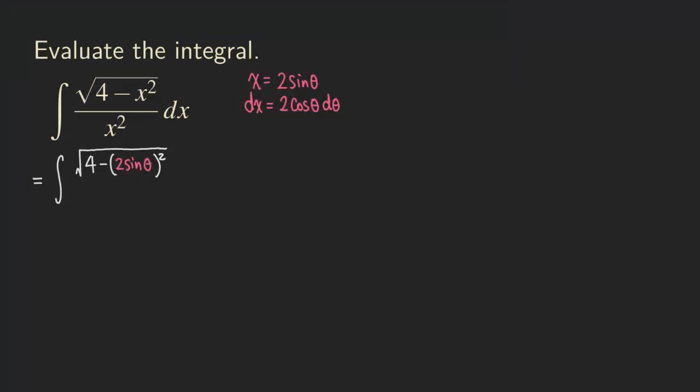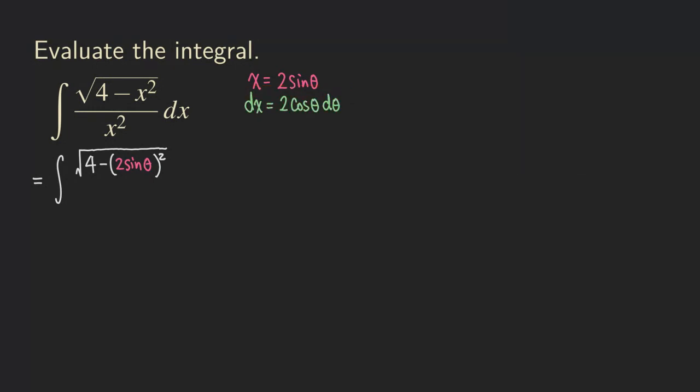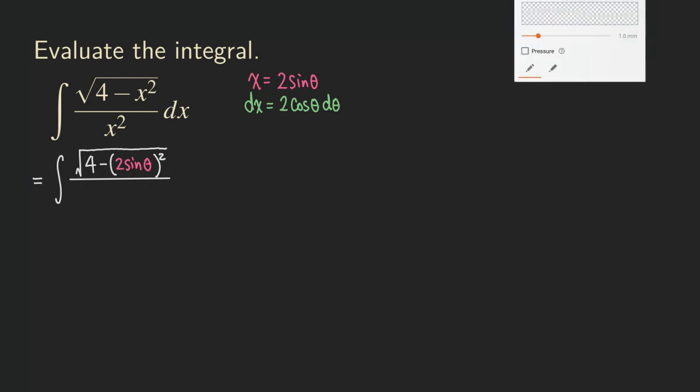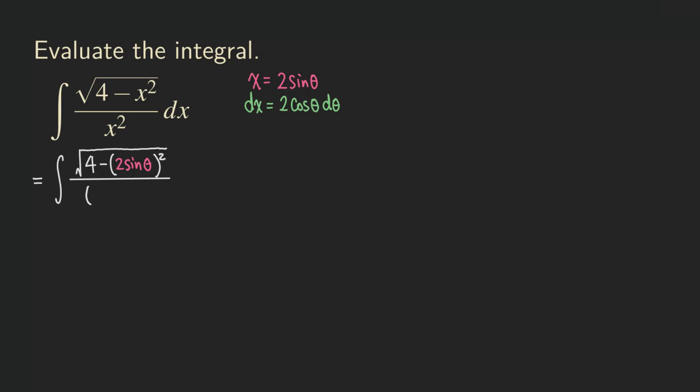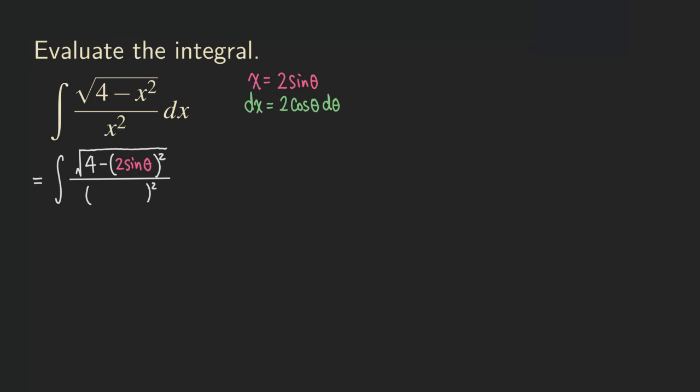And then actually, I may just change the color for this dx right here so that it's easier for us to distinguish the stuff. Okay, so now the denominator, we also need to substitute that x into the denominator, which will give us the quantity of 2 sine theta square in there.